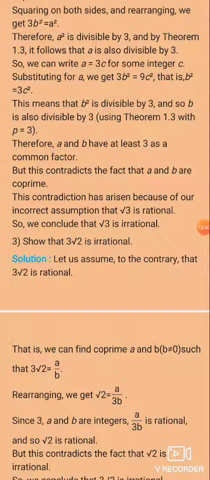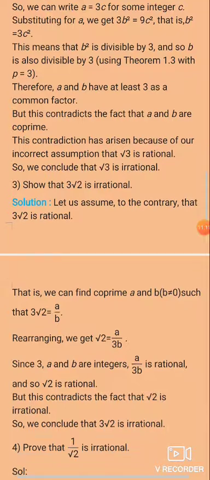Now the method is to keep the root-containing terms on one side and all the others on the other side. The root-containing term is root 2. So root 2 is equal to a by 3, and when 3 moves to the right side, a by 3b. So root 2 is equal to a by 3b. Up to that step. Then listen.